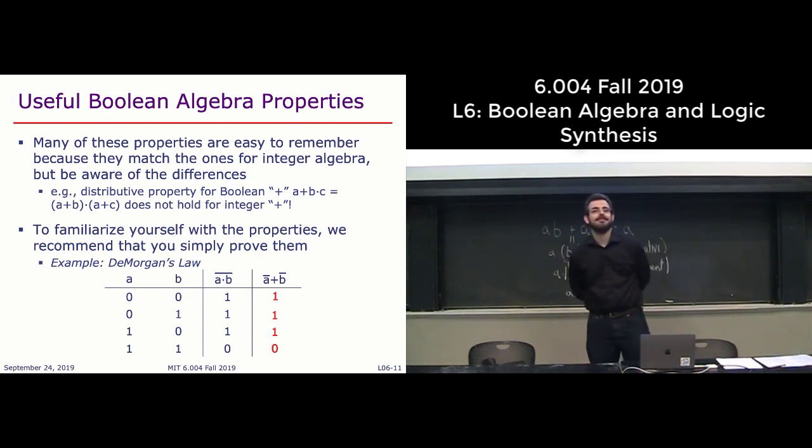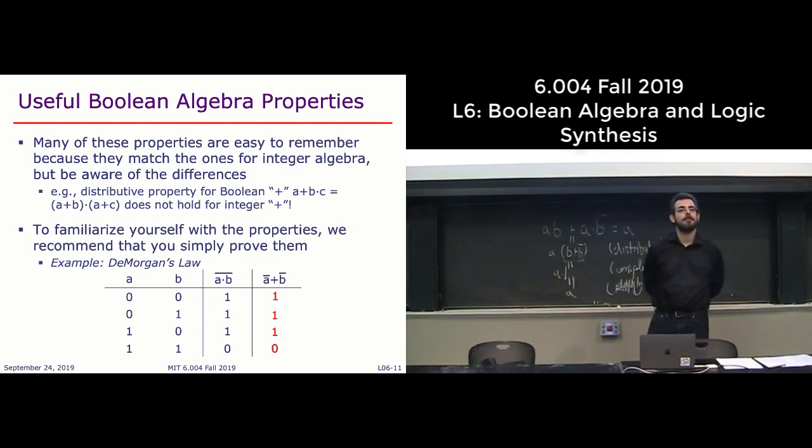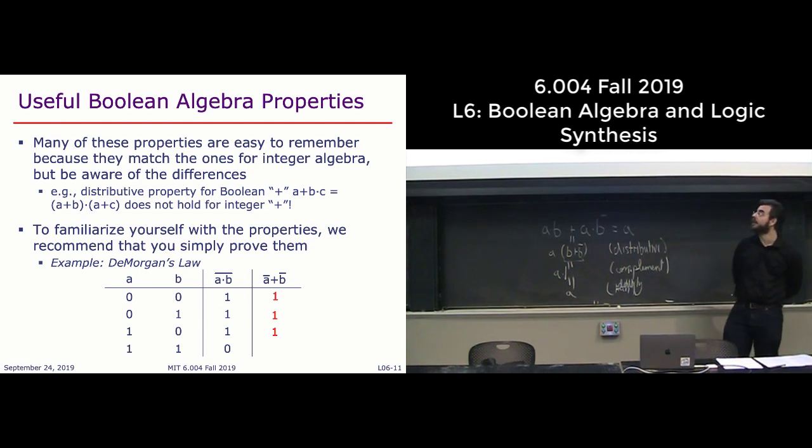Yes? Is there a specific order of operations? A specific order. What do you mean? Like in algebra, you do multiplication and then addition. Is it like you do AND and then OR? Yes. So the same rule applies.